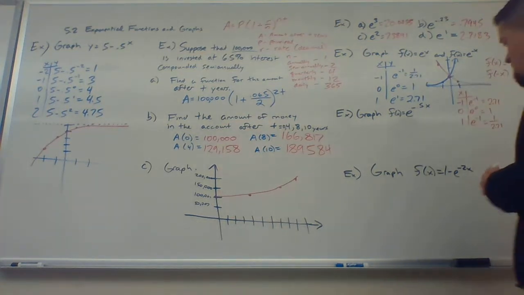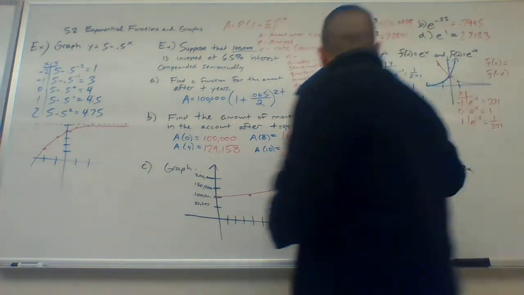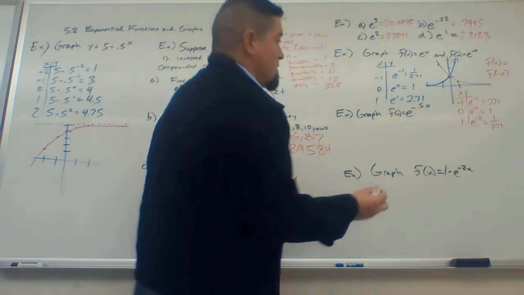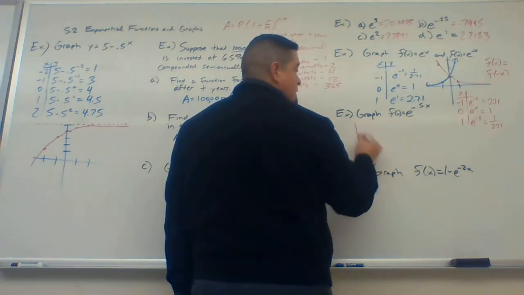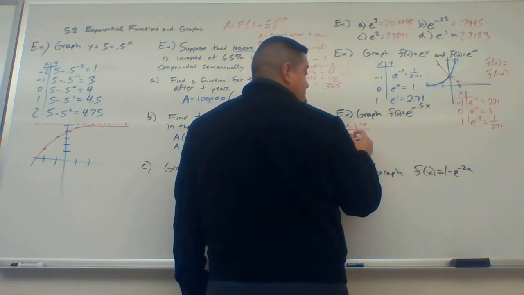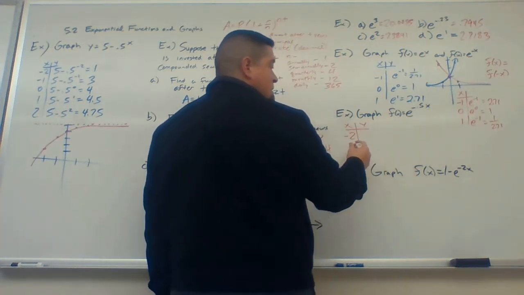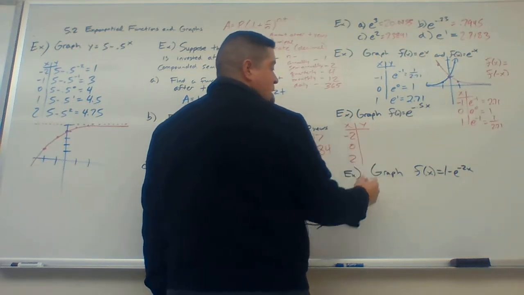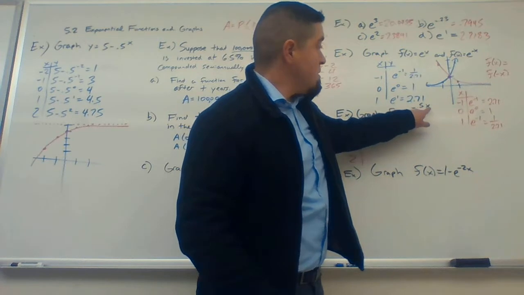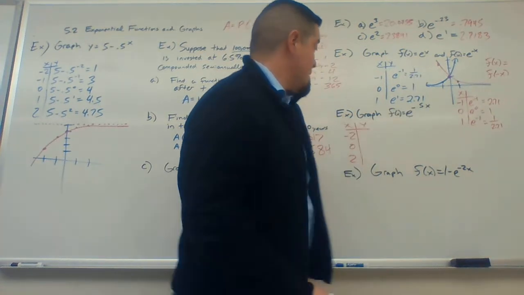Okay, so for this one, we'll do a similar thing. We're not going to plot too many points, but we'll pick negative 2, 0, and 2. Why did I pick negative 2? Because negative 2 times negative 0.5 is 1.